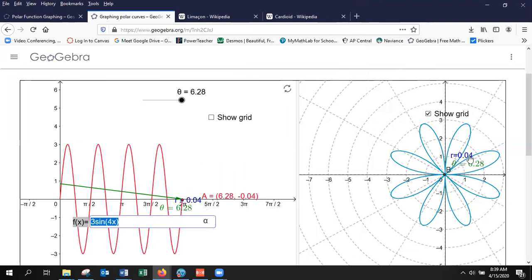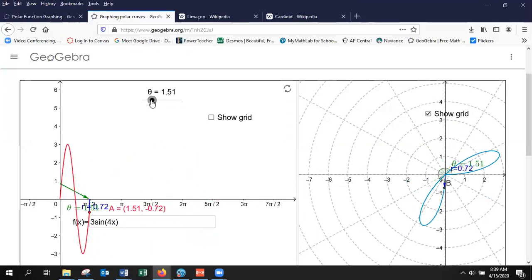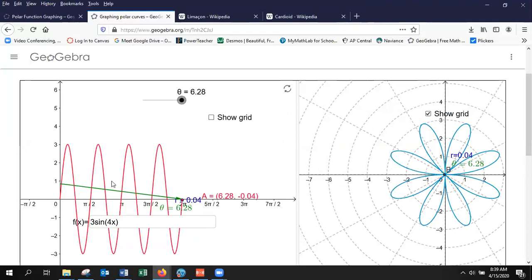We actually still have polar axis symmetry, but that petal is not on the polar axis. So the sine forces us to have symmetry to the pi over 2 axis. And video 3 is going to go into the algebraic aspects of the symmetry. This is just kind of like your intro.